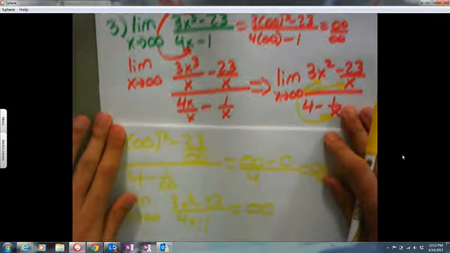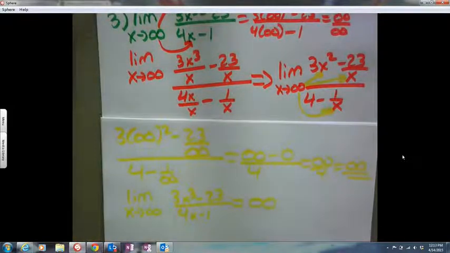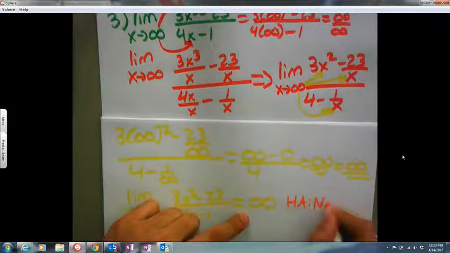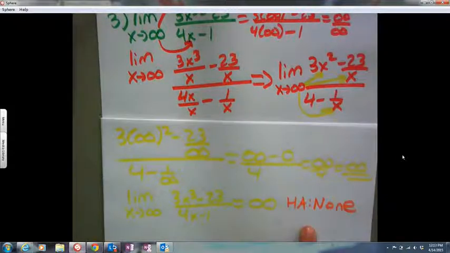Infinity can be the answer to the limit, but if we asked what is the horizontal asymptote, the answer is none, because a horizontal asymptote is y equals a finite number. Infinity is not a finite number, so it is not the horizontal asymptote, but it is the answer to the question, what is the limit?